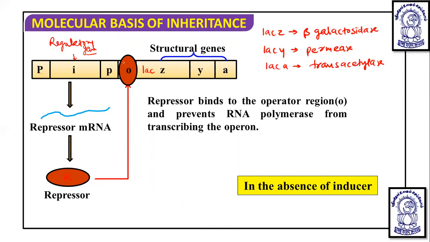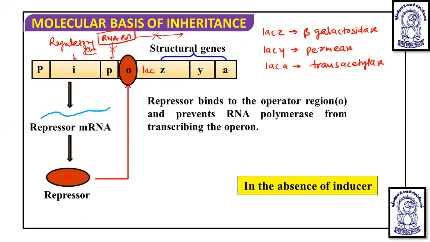When it binds with the operator gene, it does not allow RNA polymerase to interact with the promoter and transcribe the genes further. So RNA polymerase, which binds with the promoter region, is not going to bind and transcribe the structural genes.